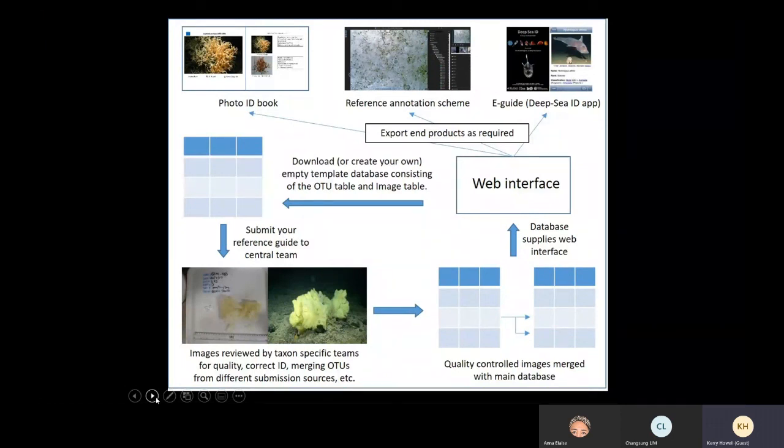And it would also feed imagery to things like the DeepSea ID app, which already exist. And then users will be able to download that video and image reference library as a database template, include new images of new taxa that they've seen in their own data set, and then submit those new taxa back to a central team who can quality control and include those in the database if suitable to do so.